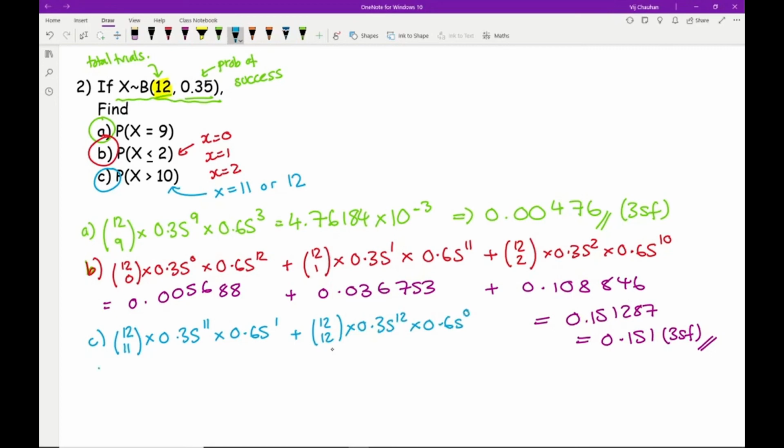If I work out each of those individual probabilities and type this into the calculator, we get 0.000075308 with a few extra digits.